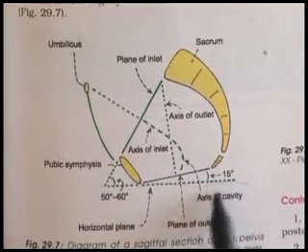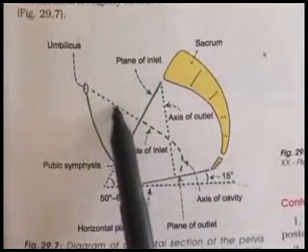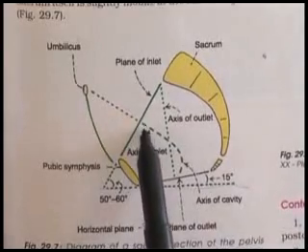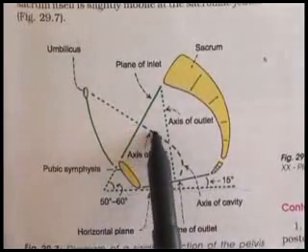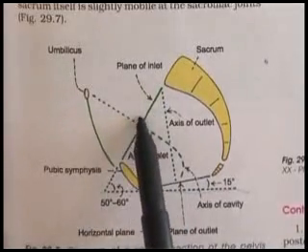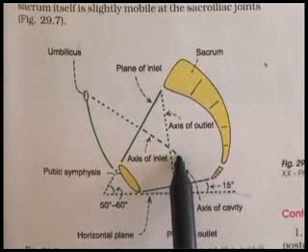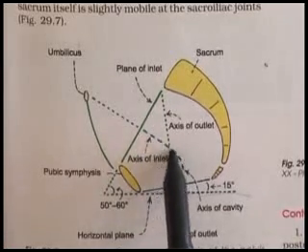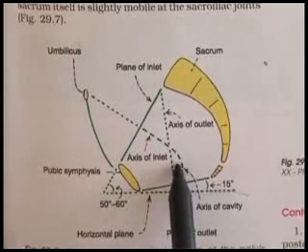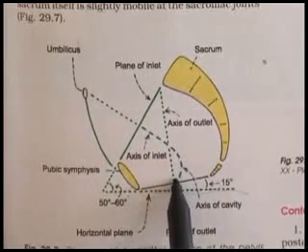The axis lies at right angles to the center of the plane. This line shows the axis of the inlet, going downwards and backwards; then the axis of the cavity, and further it comes downwards and forwards to show the axis of the outlet.